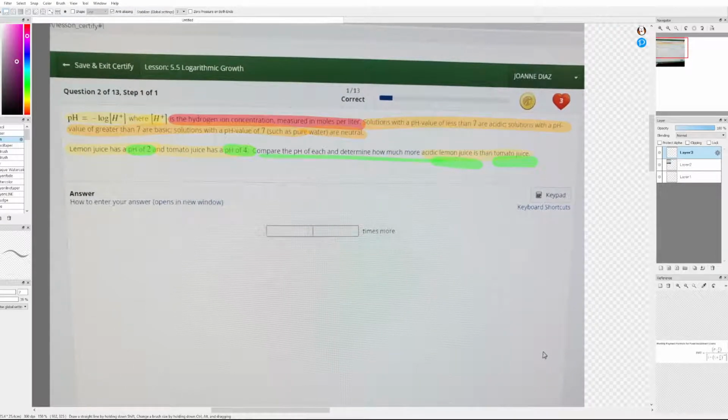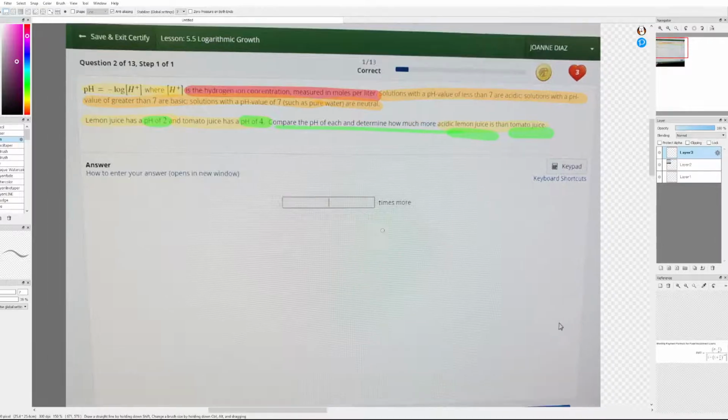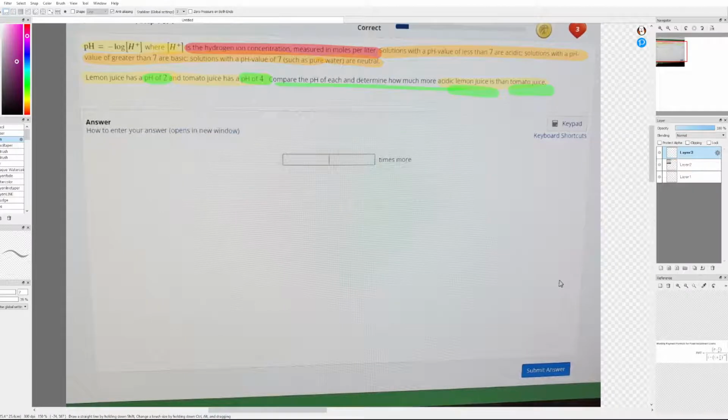Since we're comparing acidity and things that are less than 7 are more acidic, we'll be paying more attention to the lower number. I'll get into that more. Basically, 0 is the most acidic, and I don't remember 100%, but I think 13 is the most basic.